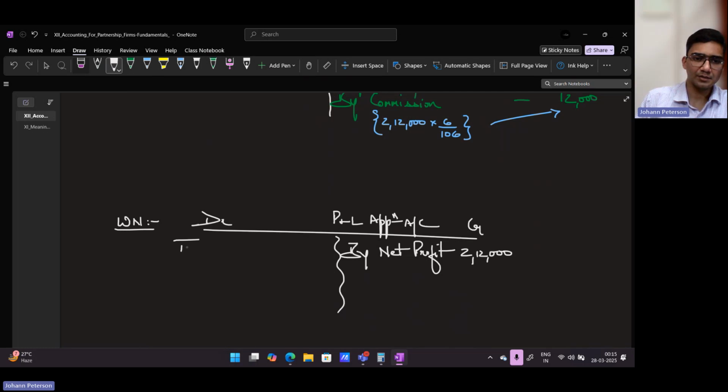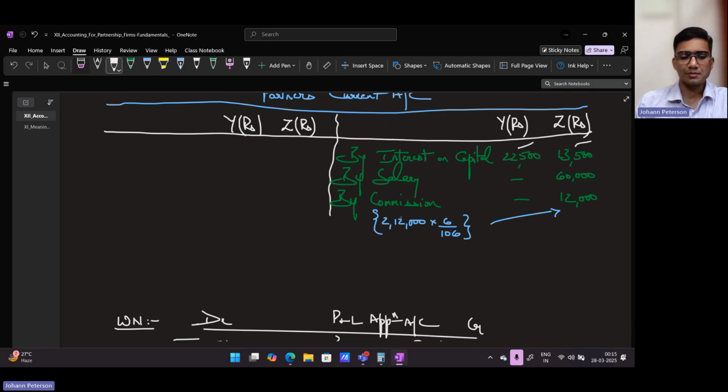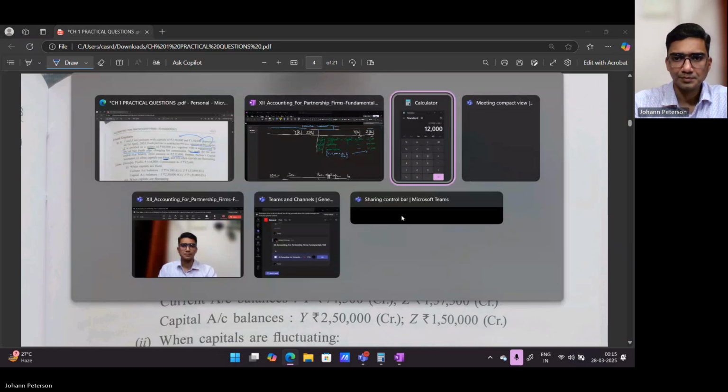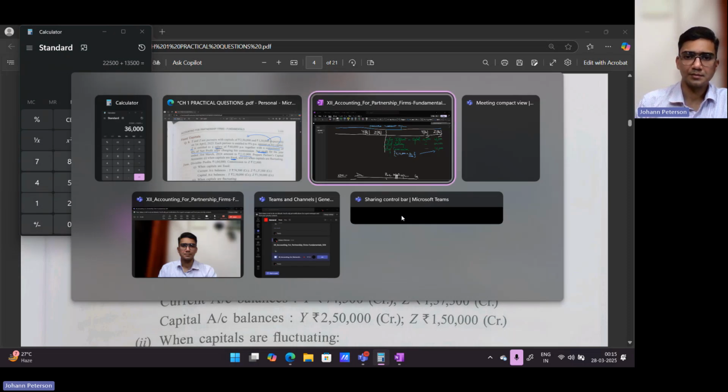Then on the debit side, we write all the appropriations. So the appropriations are to interest on capital. Now let's write the total interest: 22,500 plus 13,500, which makes it 36,000.